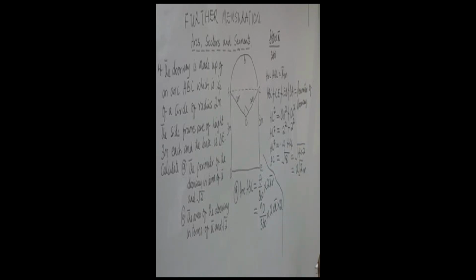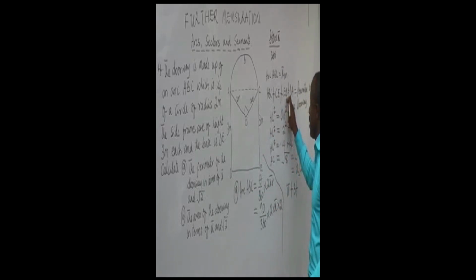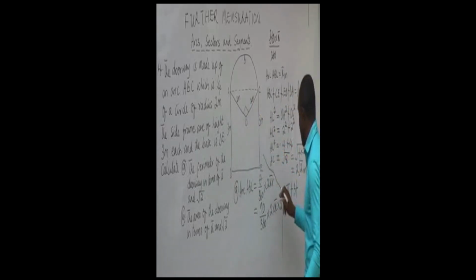Now we can calculate the perimeter of that doorway by saying ABC, which we have calculated to be pi, plus CE, which is given 3 meters, plus DE or ED, which is the same thing as AC that we have calculated here, to be 2 root 2.